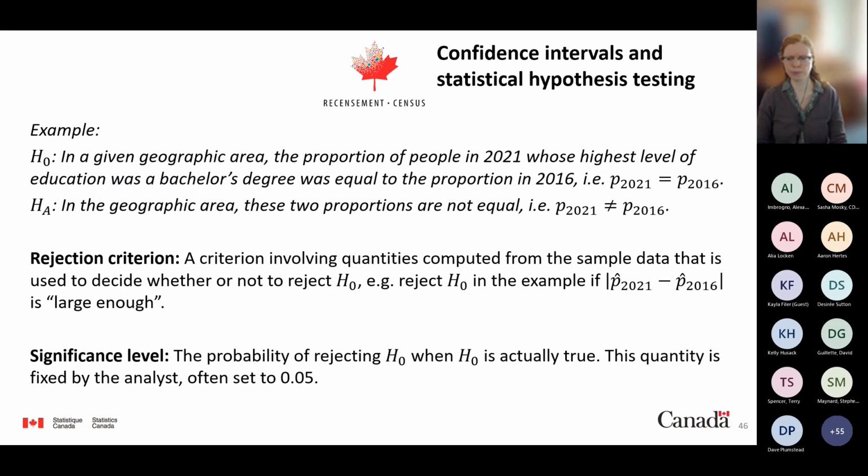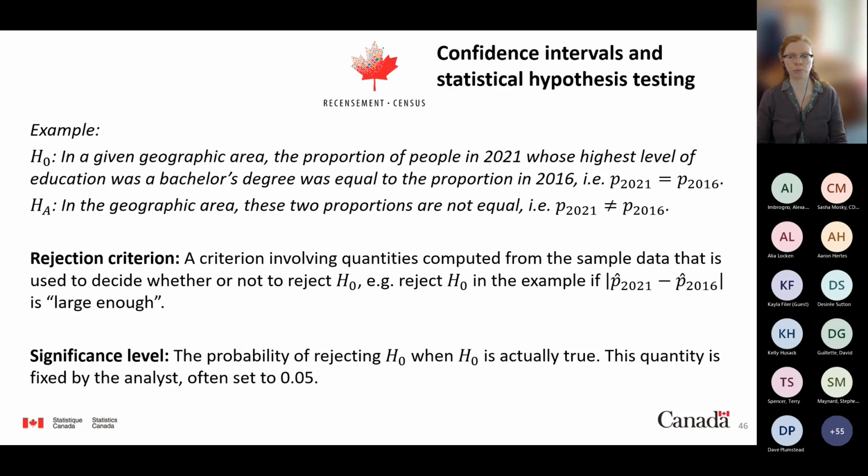As a toy example, the null hypothesis could be the statement that in a given geographic area, the proportion of people in 2021 whose highest level of education was a bachelor's degree was equal to the proportion in 2016.